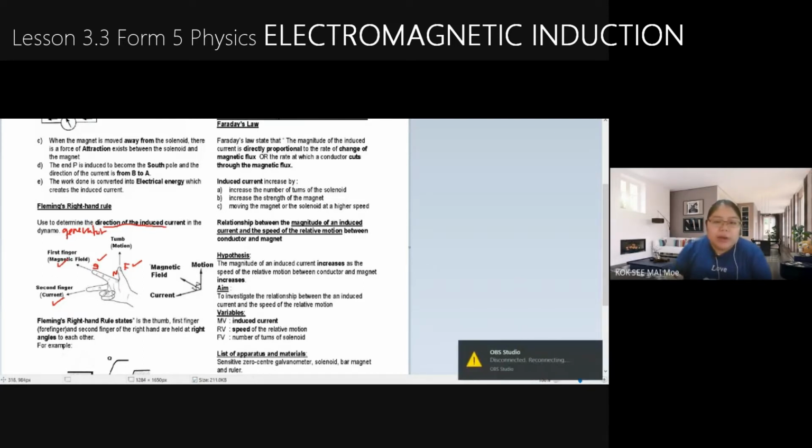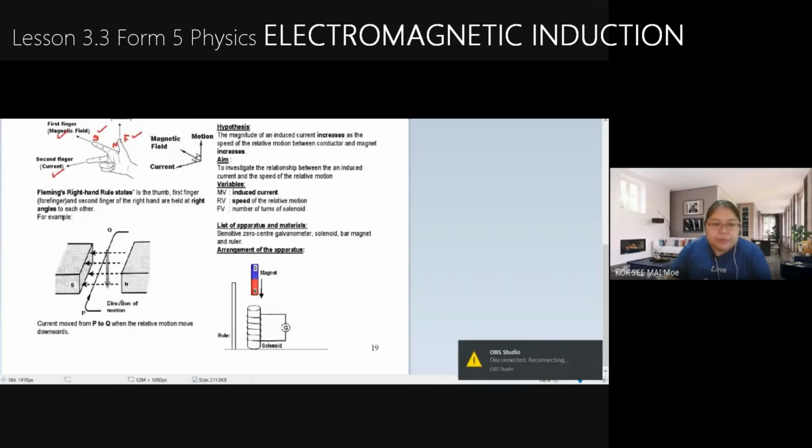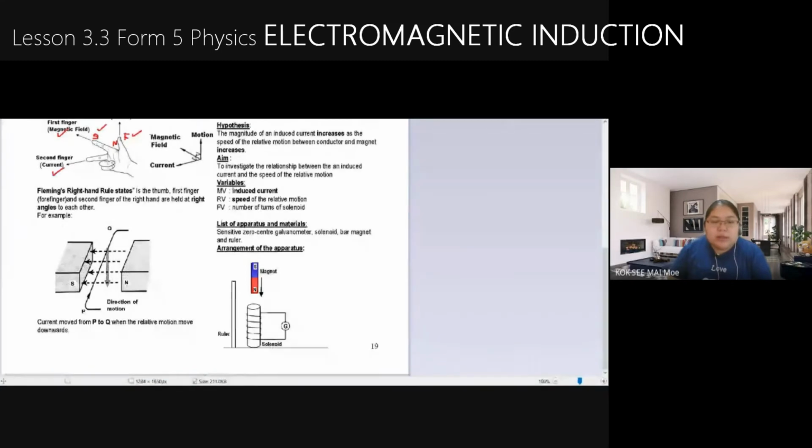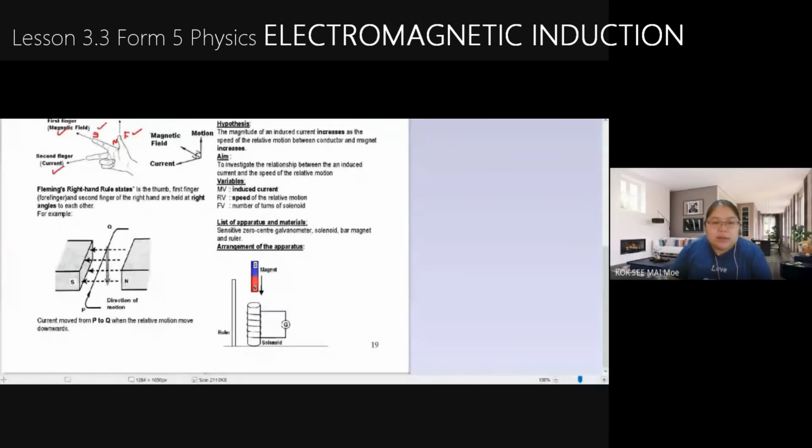Okay, now let's see this diagram. Assume we do know the current; they show you P to Q. Now I want you to take out your right hand and point north to south, to your left hand side.